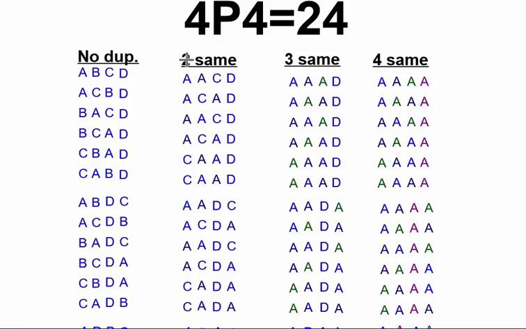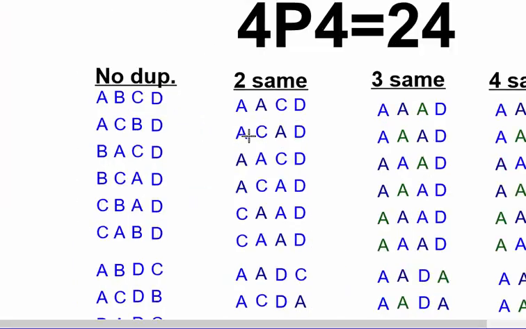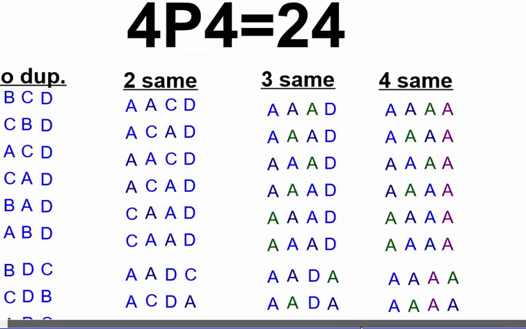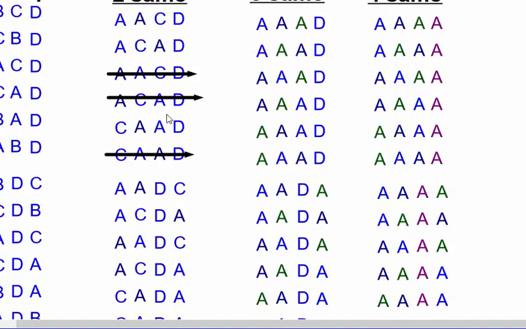Now, same sort of idea. When I end up with 2 the same, I've changed all my B's to darker A's. And basically I end up with AACD here and another AACD. I have an ACAD and another ACAD, CAAD and another CAAD. So once again, in this first grouping, half of my different values have disappeared.